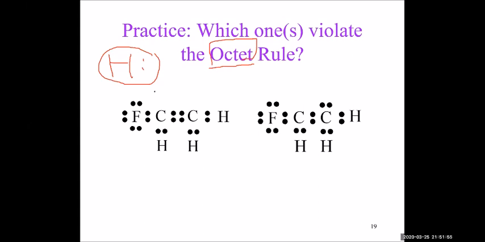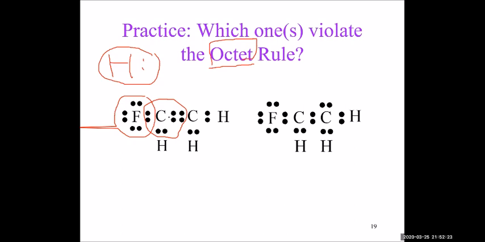If you look at the first one to the left, we look at it one by one. Fluorine, you can see there are 8, so that's octet. This chlorine, look around, we have these 2, and 4 more. So that's also 8. And this carbon will be octet.